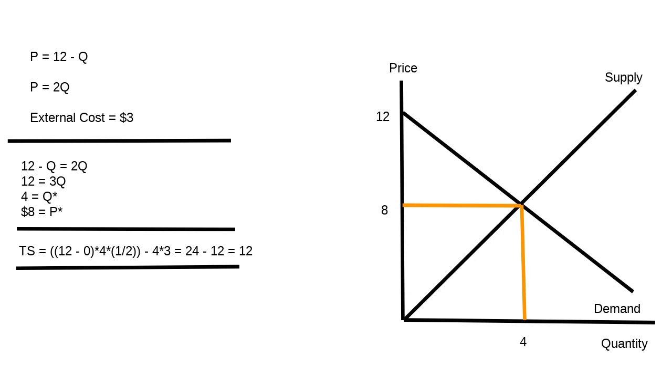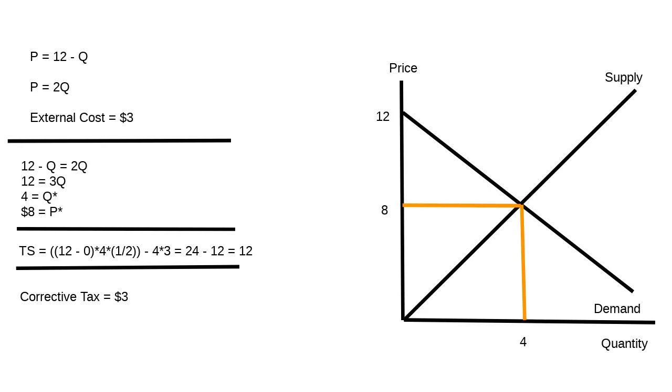And the size of the corrective tax should be equal to the externality. In this case, it's $3. So the tax should be $3. When the government issues this corrective tax, this increases the cost of the good for the consumers and producers. What this does is it forces the consumers and producers to internalize the externality.